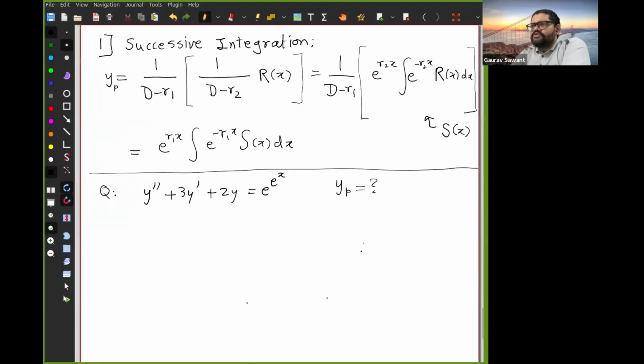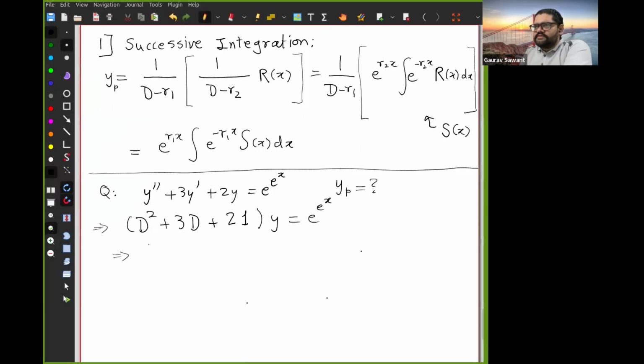All right. So let's convert it into our operator form. So I have d square plus 3d plus 2 times identity acting on y is equal to e power x.